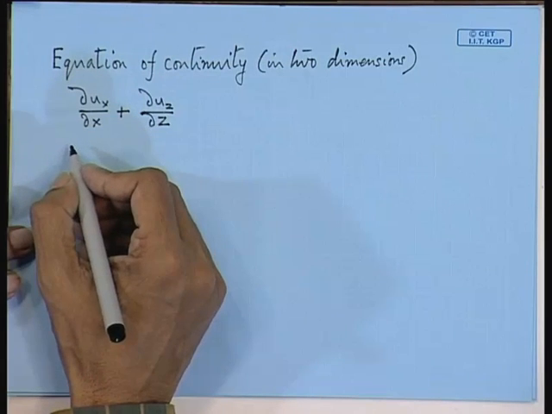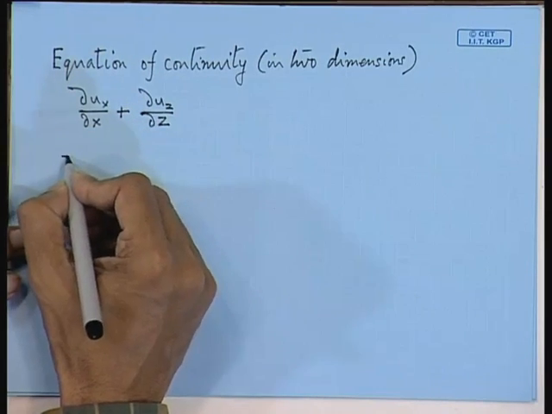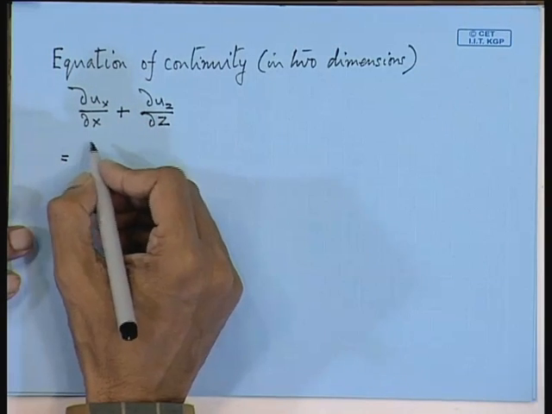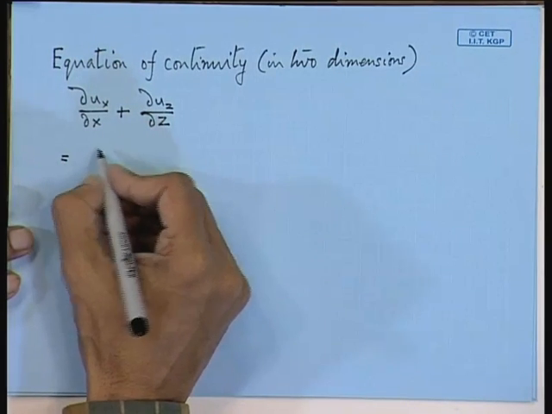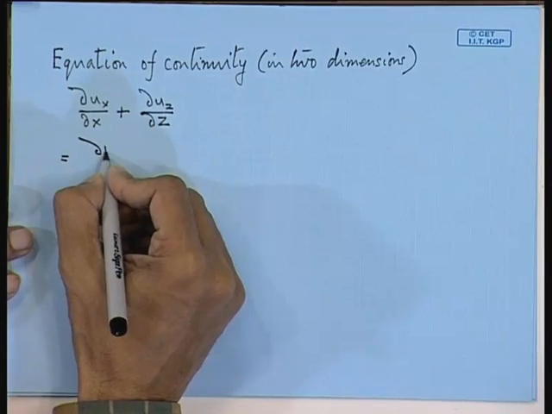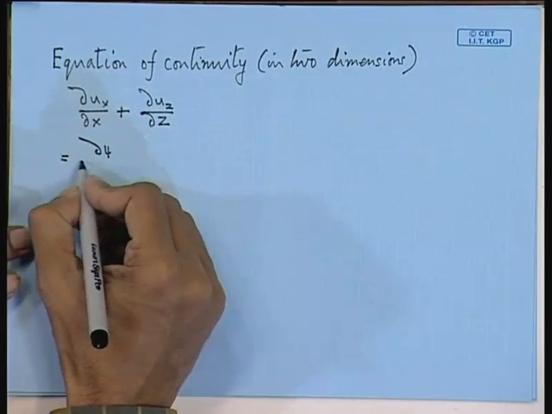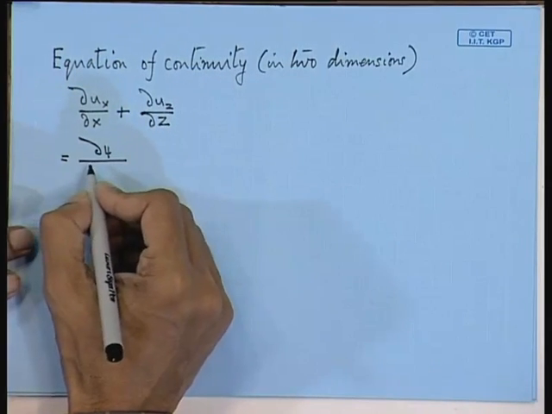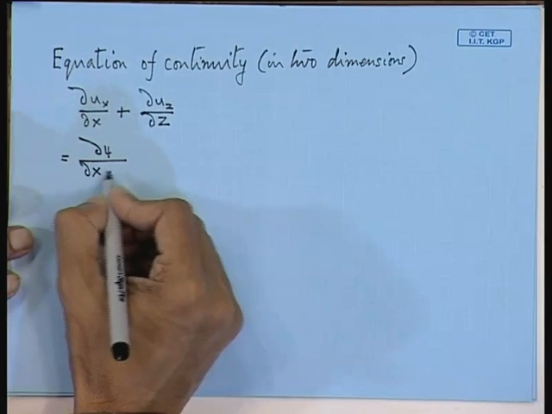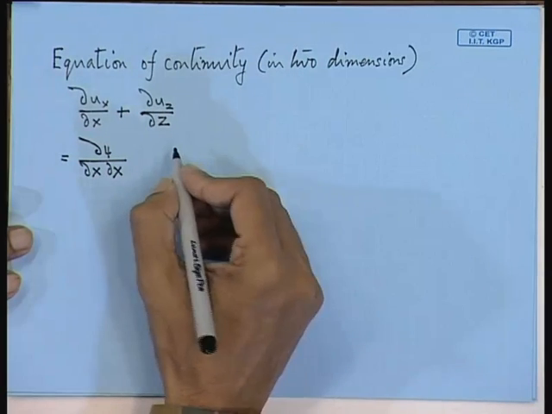So, what is your ux value? ux is del psi over del z. So, this will be del square psi over del x del z. And similarly, you write the other term.